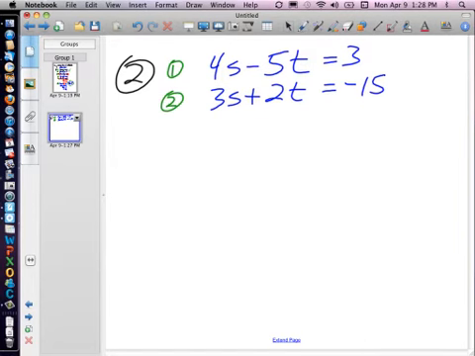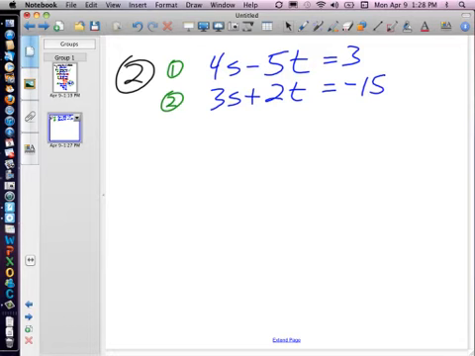The s coefficients are not the same. The t coefficients are also not the same. Not only that, we can't multiply 2 by a whole number to get 5. We can't multiply 3 by a whole number to get 4. So in this case, we're going to have to do a double multiplication.